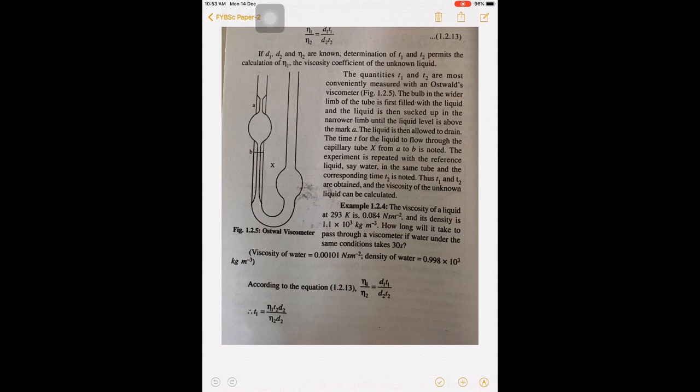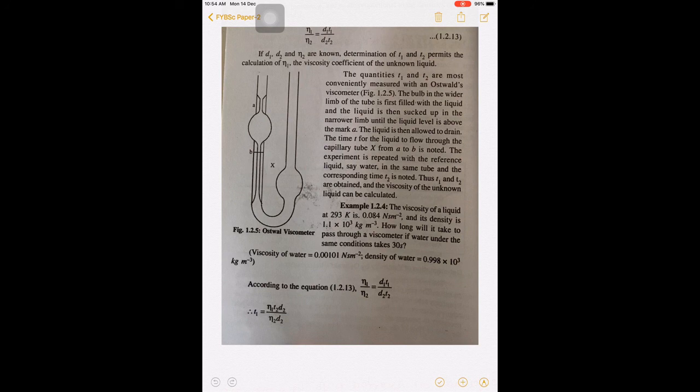They have given the viscosity of the liquid, that is 0.084, that is eta 1. The density of that liquid, d1, is also given. The eta 2, that is the viscosity of water, is also given here, that is 0.00101 Newton second per meter square, and the water density we know, that is 0.998 into 10 raised to 3 kg per meter cube.